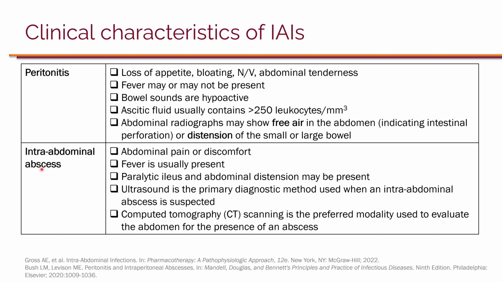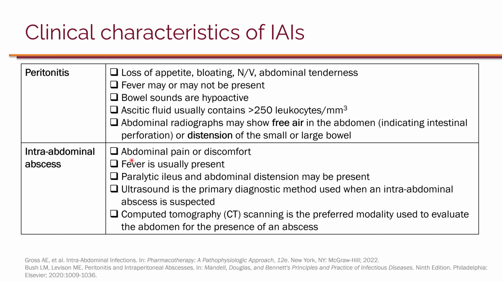small or large bowel. For abscess, again, there will be abdominal pain or discomfort. In fact, for pretty much all intra-abdominal infection, there will be some sort of abdominal pain in various regions of the abdomen. So you can think of it in quadrants, so upper left, upper right, lower left, and lower right quadrant, and that region can sometimes indicate what type of intra-abdominal infection.